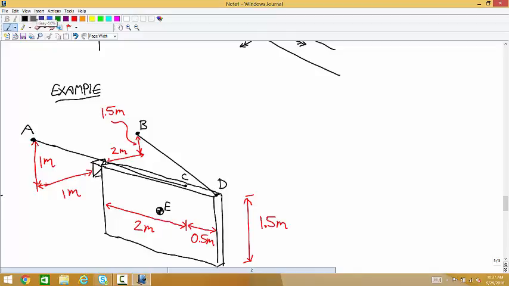And we want to figure out what are the cable tensions, and what's the force vector applied to the sign by the ball and socket joint?